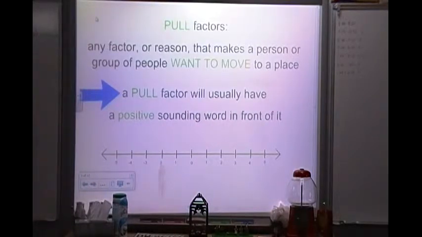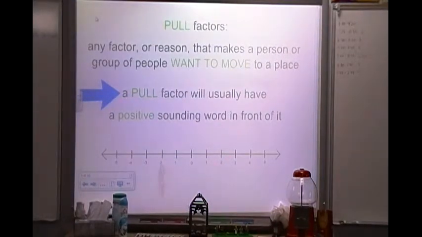Better there than where you are. Oh, I can't forget. What's another synonym for move? Migrate? Thank you. Want to move, want to migrate. Here we go again. A pull factor typically has a positive sounding word in front of it. And there's the number line. Obviously, a pull factor would be on the right side of the zero. It's a good thing.